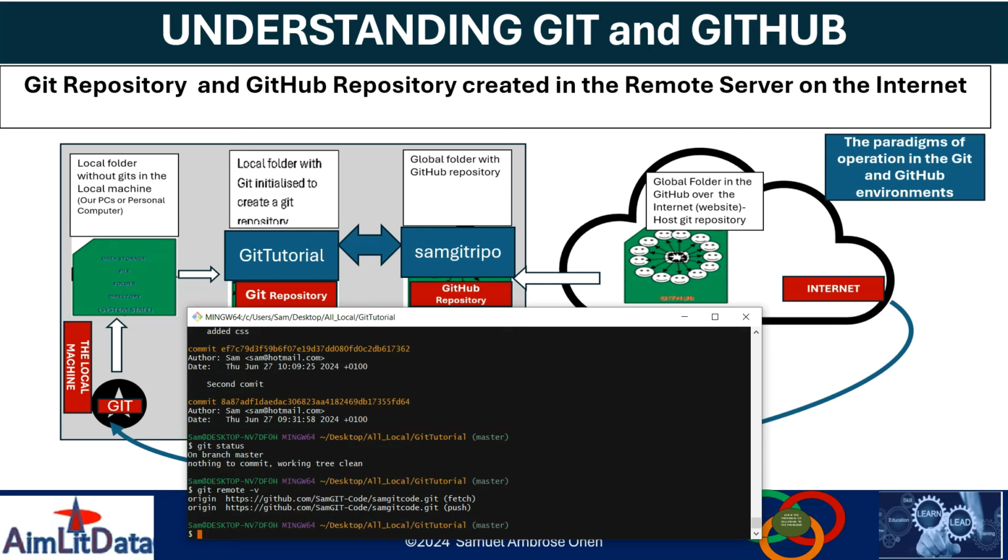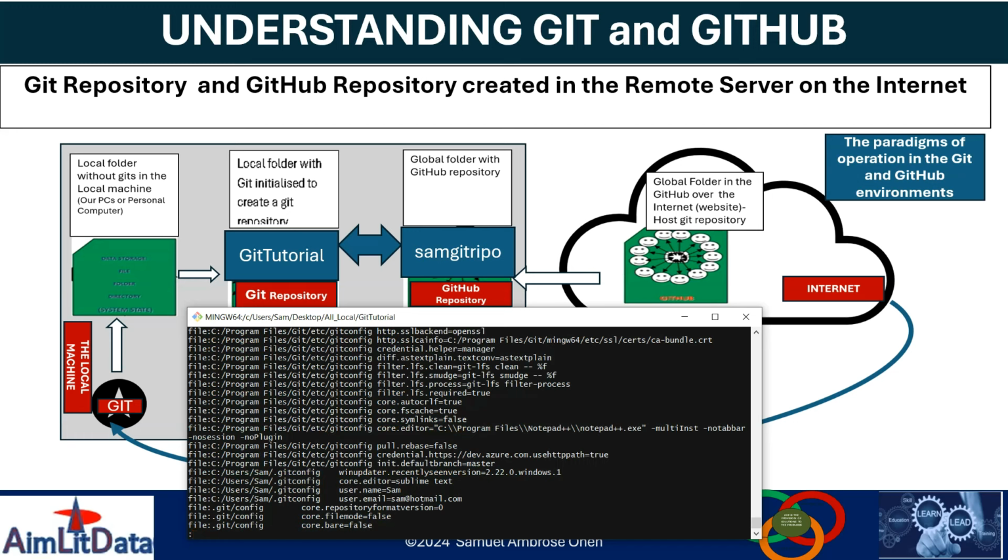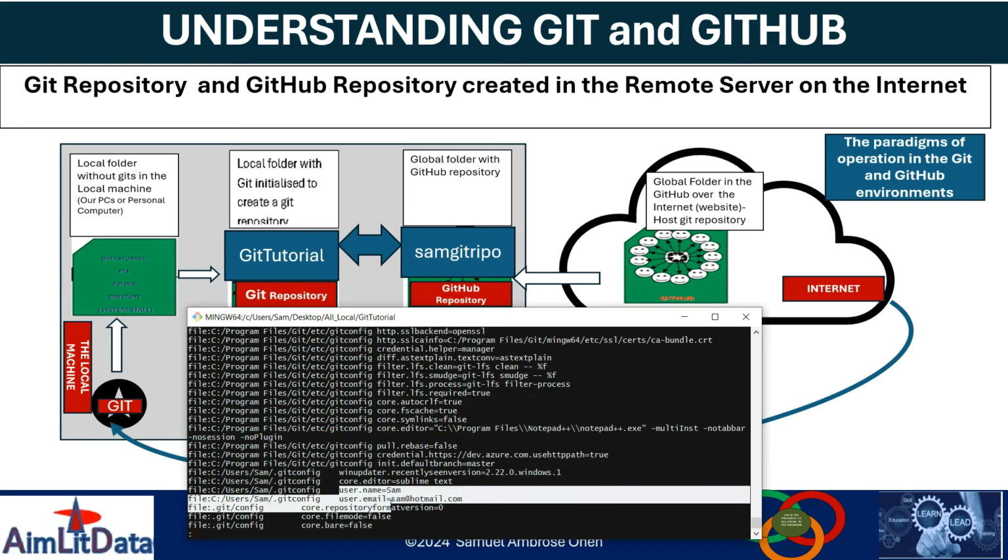And also we have seen the configuration, git config --list, --show-origin. My friend, as you can see, this git is now configured to be used by this user, and that's why if we commit a message, this SAM and the email address will always show as the committer of the message, or the author, if you like.